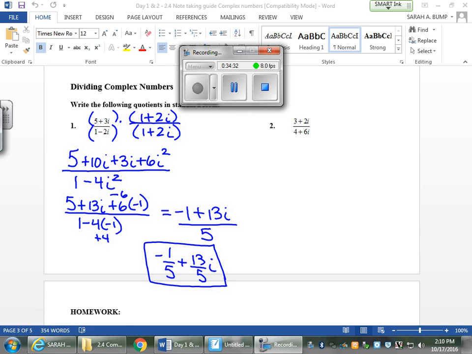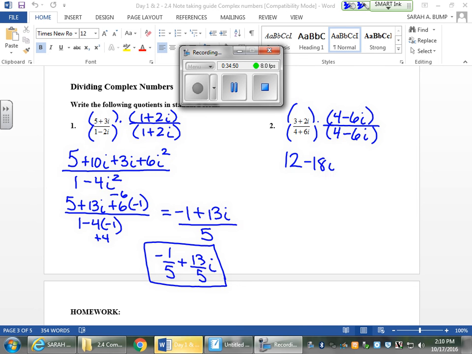All right, if we finish off this last example, just like before, we're going to multiply by the conjugate. Bell just rang, so it's a little loud in the hallway if you guys can hear that. Multiply everything in the numerator and denominator. So we're going to get 12 minus 18i plus 8i minus 12i squared over the conjugates will give me 16 minus 36i squared.